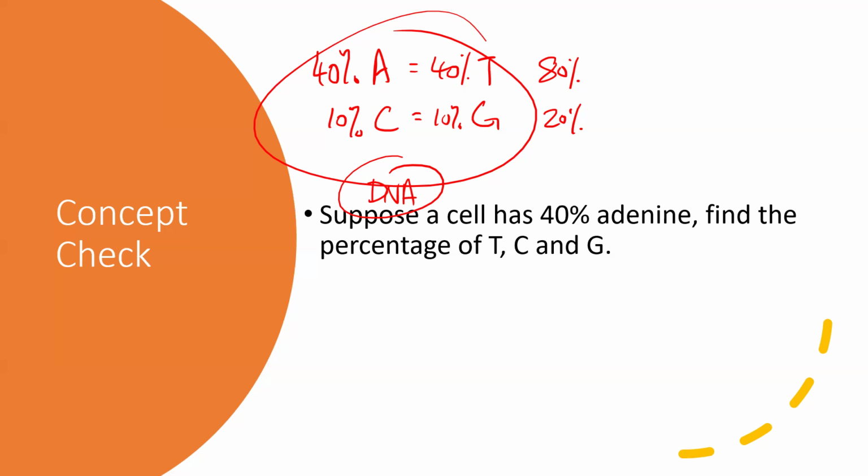Okay, so 35% C means G is also what? 35%. Oh, very good. And that's 70, right? That means we have 30% left. Got it? Yeah. That's all.